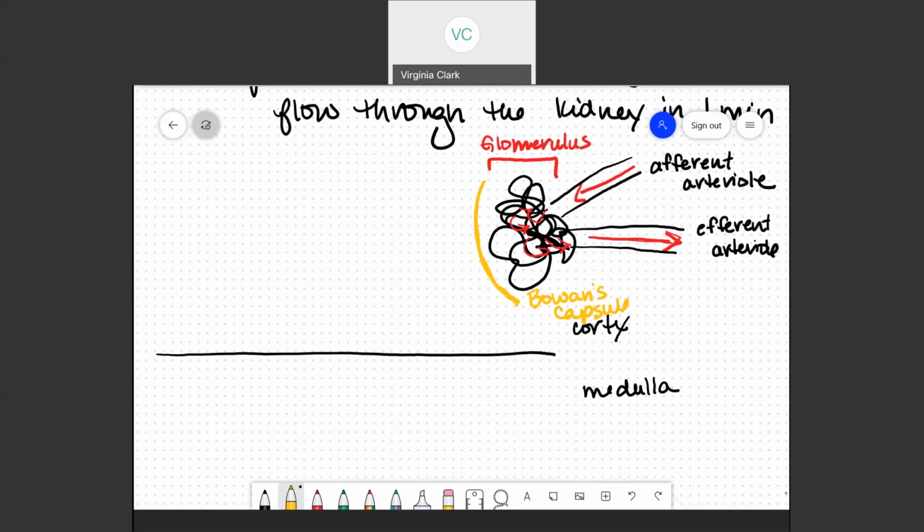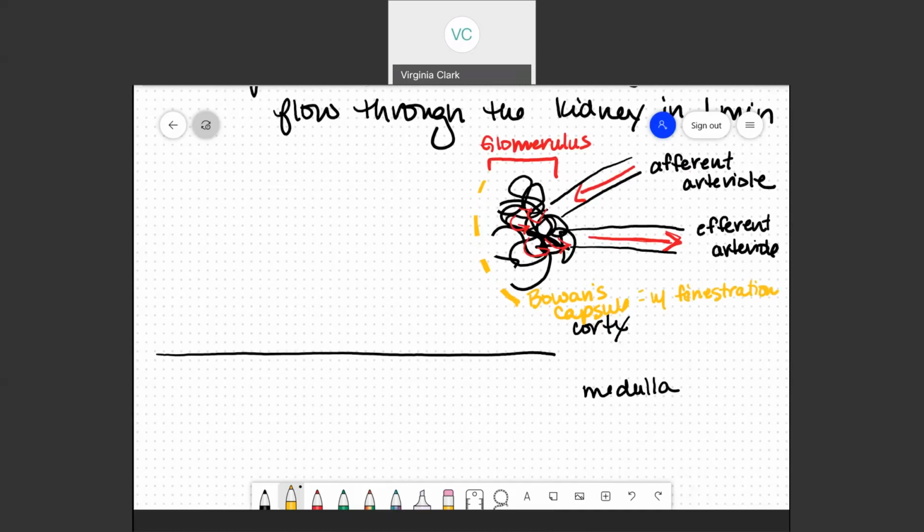The Bowman's capsule will have tiny little holes in it. They're supposed to be little holes. These holes are going to be called fenestrations. Essentially, it's going to act as a sieve.